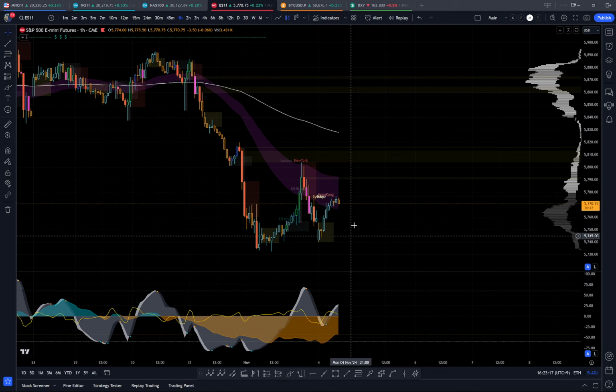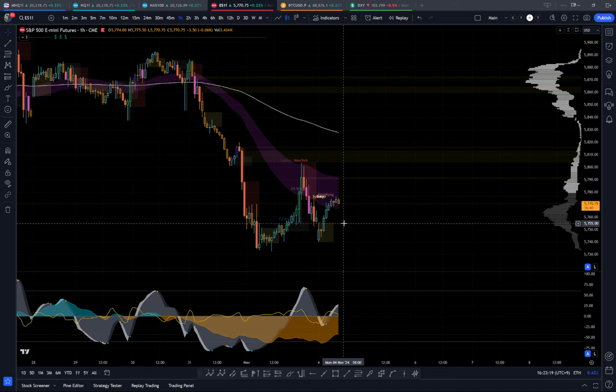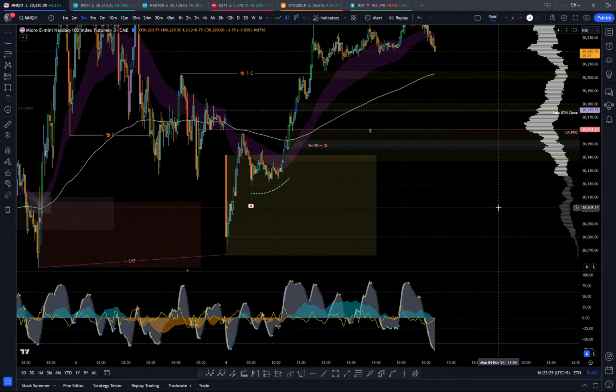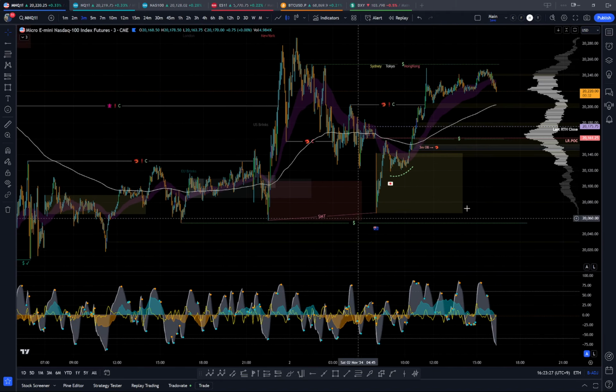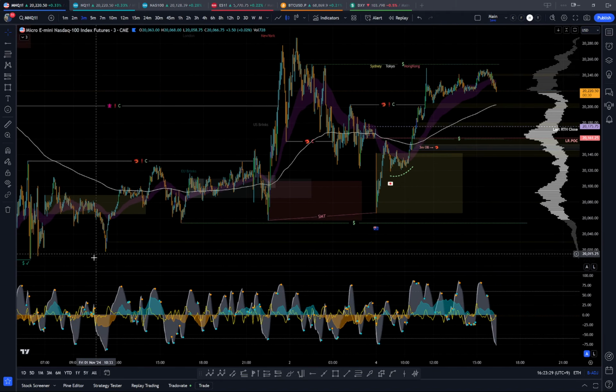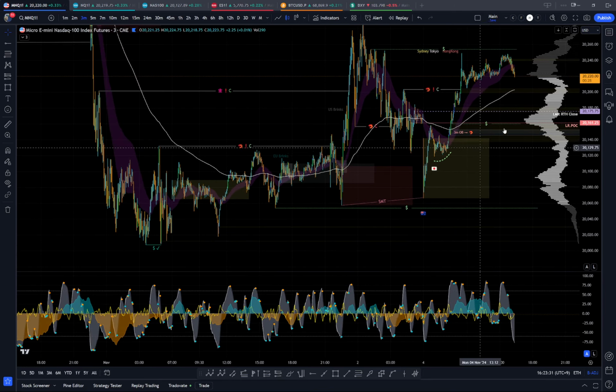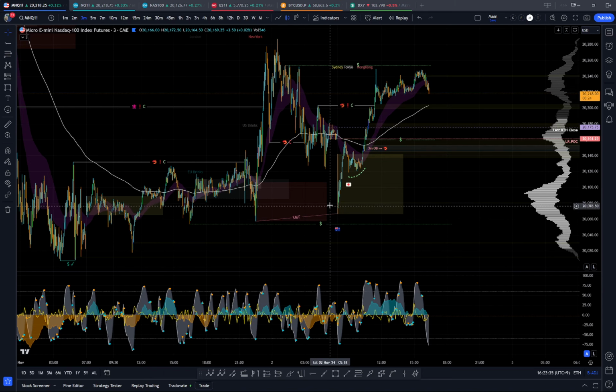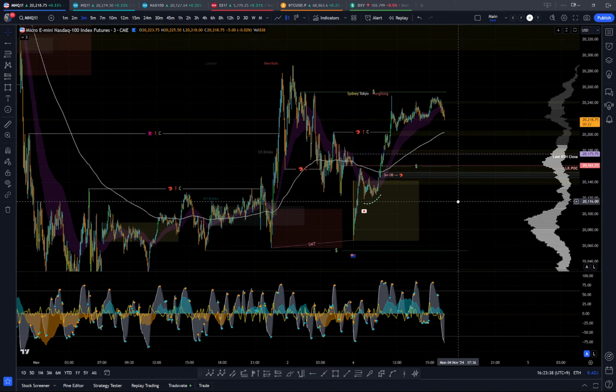I feel like there is a bullish pull here that could lead to some longs today, depending. But this bullish pull is valid, even though when it does break down, I don't know if any of these are going to last, honestly.